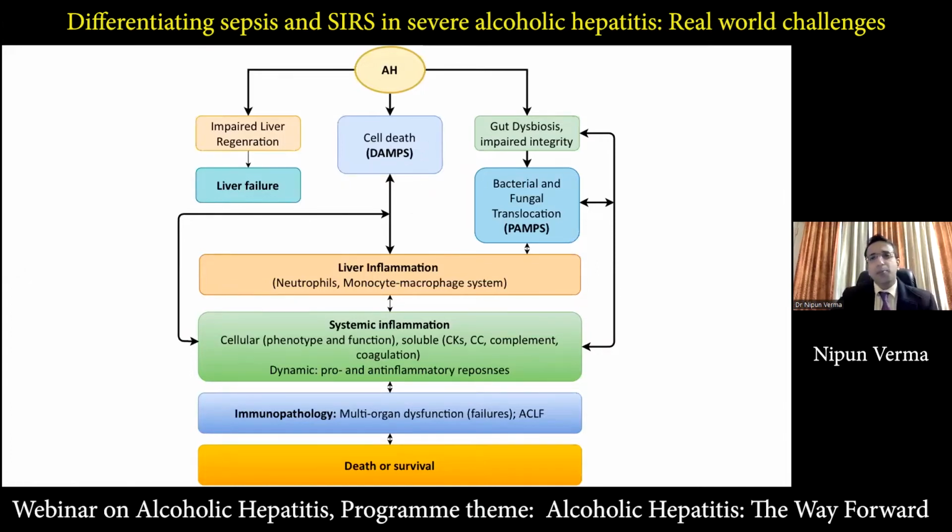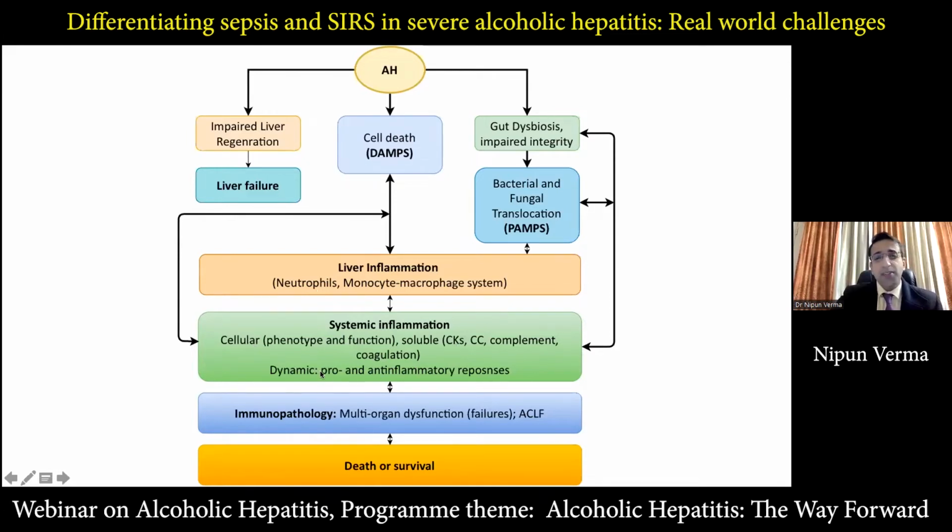We know that pyroptosis, necroptosis, and ferroptosis are now being described, which are highly immunogenic and incite liver inflammation through pattern recognition receptors on the monocyte macrophage system and increase interleukin-8, which brings neutrophils to the liver. This liver inflammation spills over to the systemic circulation, leading to a massive wide-scale cytokine storm, which includes cellular and soluble components.